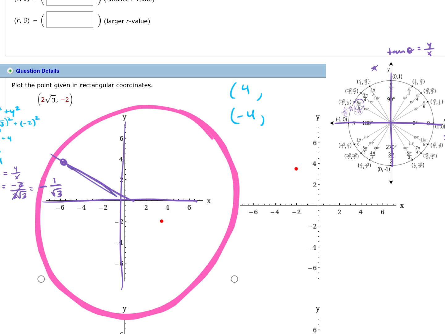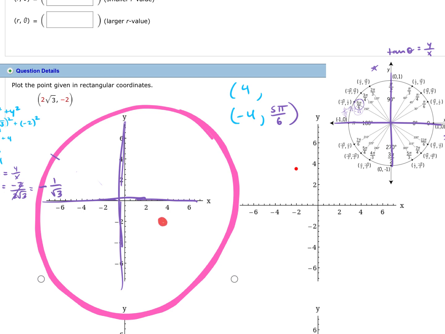So would I be going in the positive direction, or where's my point? Negative, so we have to go in the negative direction. So 5 pi over 6 is going to go with the negative 4. Yes. So you basically always go in the opposite direction as for the previous one, like you did with the 0, negative 8. It's not always in the opposite direction.